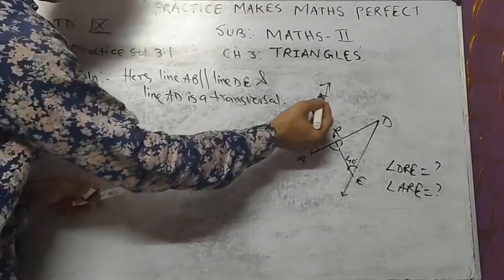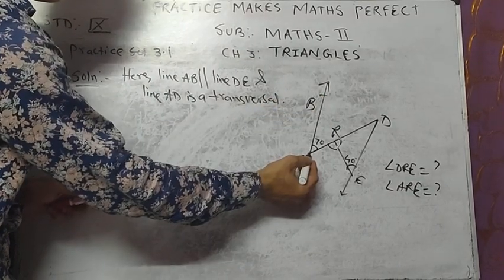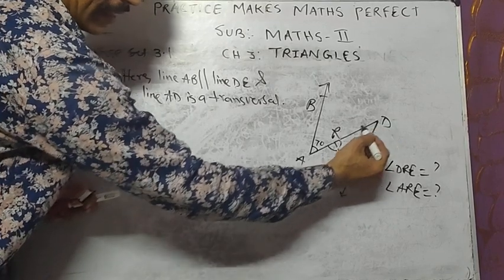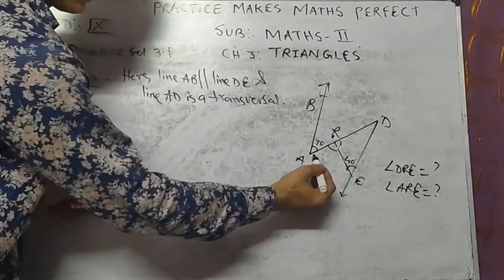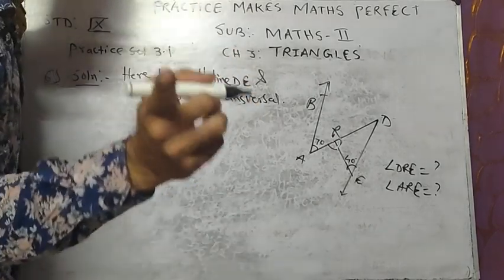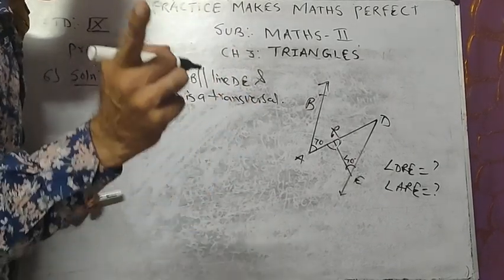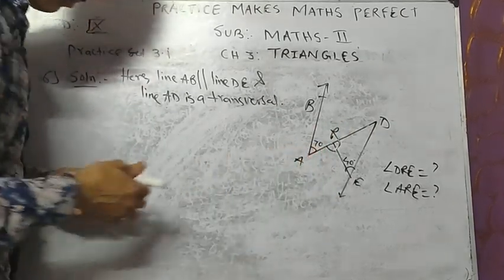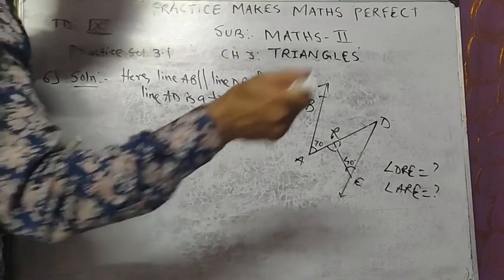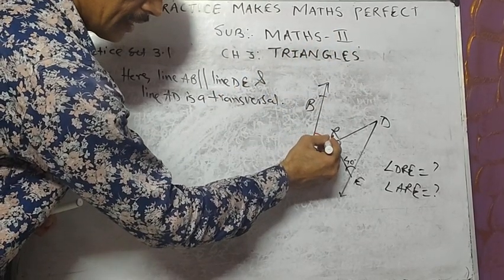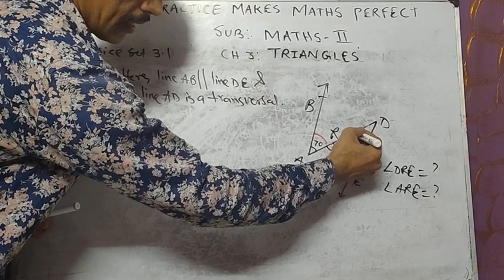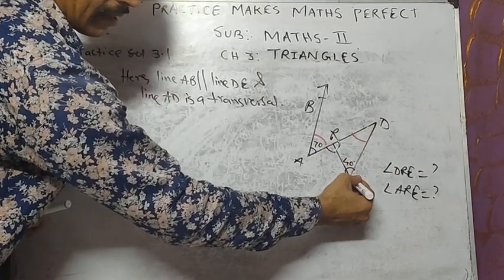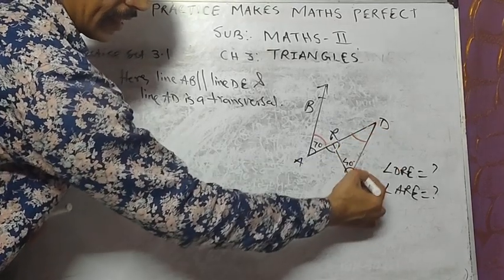So you can see line AB is parallel to line DE, and line AD is a transversal. This I have written here, line AD is a transversal. So you will get an alternate angle, angle BAD is equal to angle ADE, that is angle RDE.